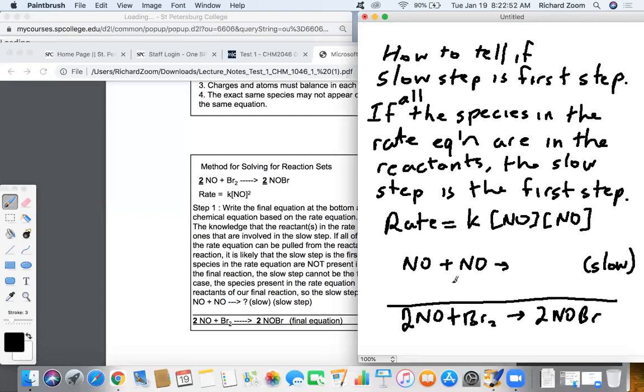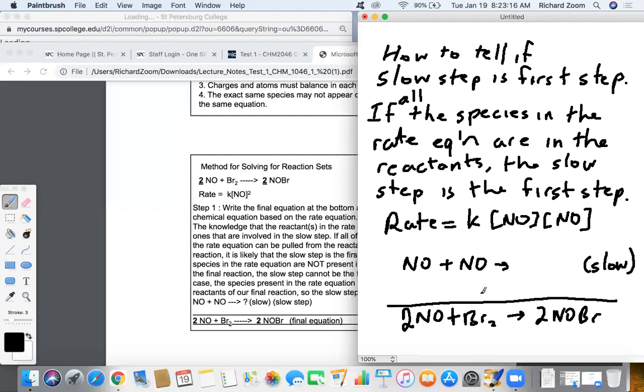So that's what I do first. I know that the slow step is going to involve whatever's in the rate equation. I'll say it again. The slow step is going to be determined by whatever's in the rate equation, which is 2 molecules of NO. So NO plus NO gives me something which I haven't come up with as a slow step.